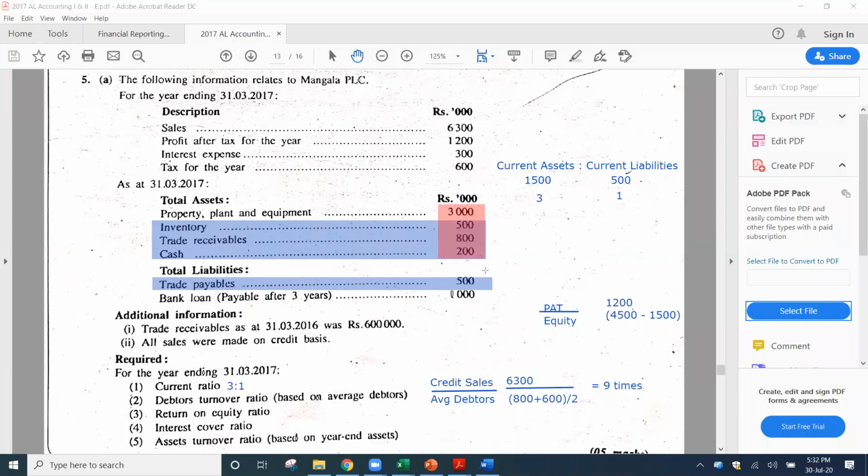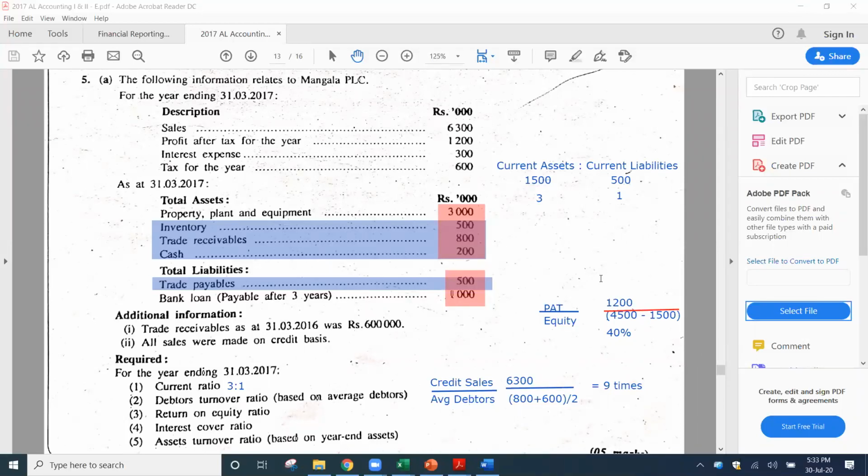And here it's total liabilities. Then how much is the answer? 1,200 divided by 3,000, multiplied by 100%, so you get 40%. Answer is 40%.